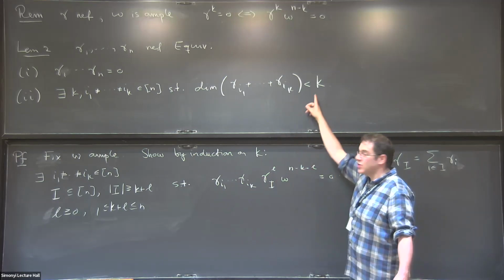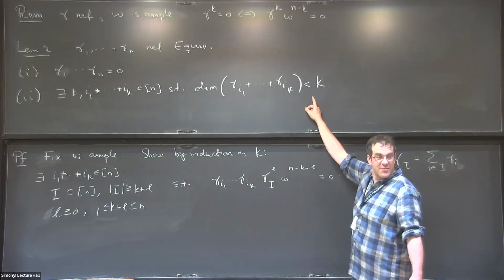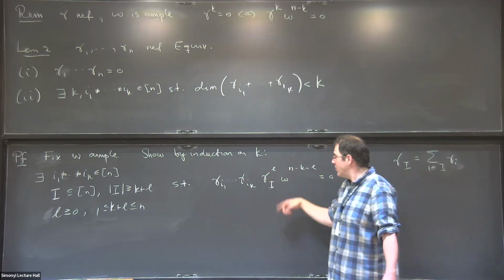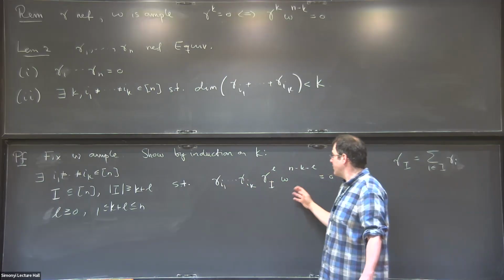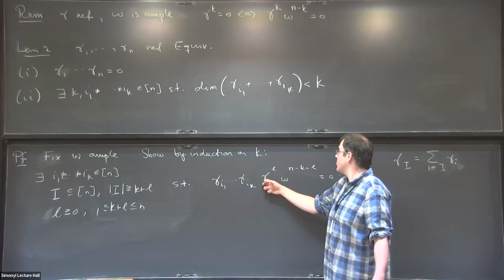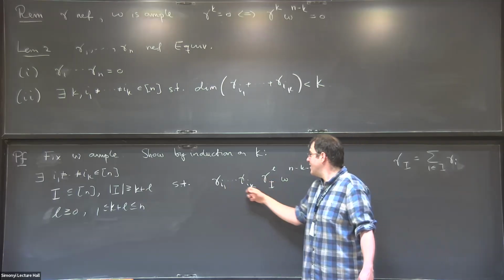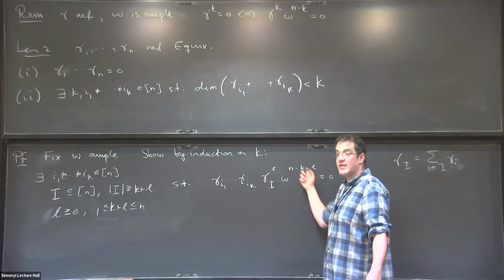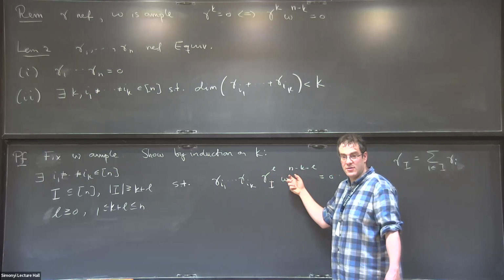Because that shows that the dimension is less than K. Does that make sense? So we just want to run the induction on K, right? So every step, we start with something like this. I've already created L copies of this guy, and I have K of these left. I want to basically remove one of these and maybe create an extra one of these or an extra one of these. Does that make sense?